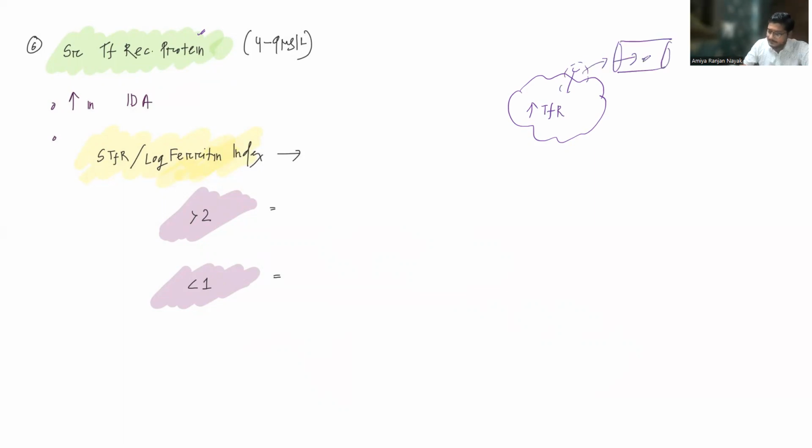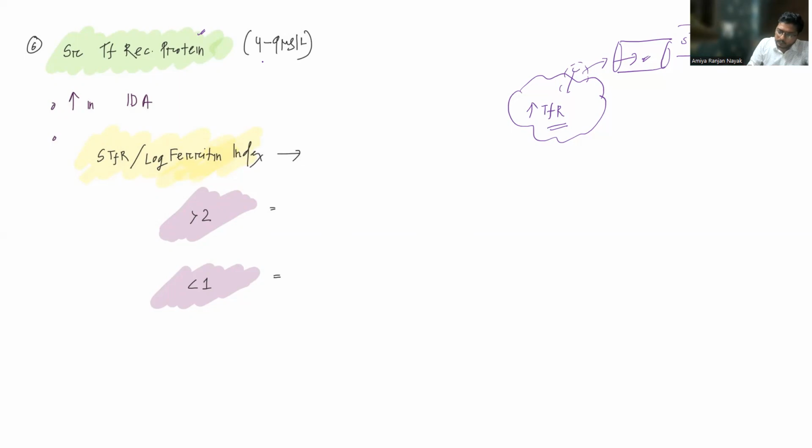The transferrin receptor present in the circulation is known as soluble transferrin receptor protein, and this can be measured. Whenever there is a reduction in cellular iron level, for example in patients with iron deficiency anemia, there will be an increase in transferrin and also increased production of transferrin receptors. So in patients with iron deficiency anemia, this soluble transferrin receptor protein is increased in the serum.